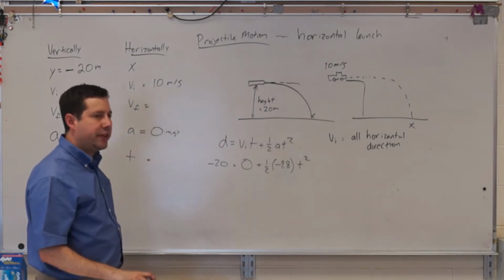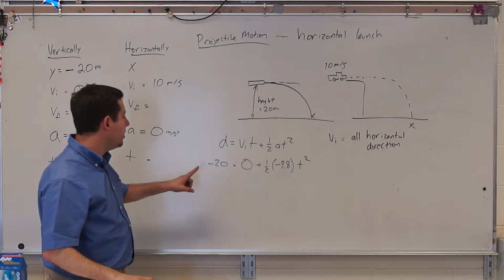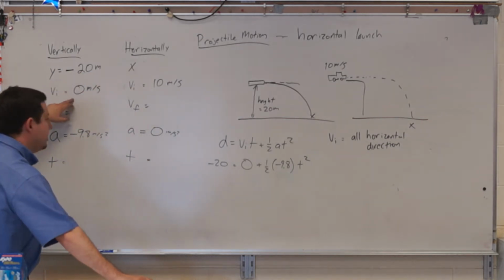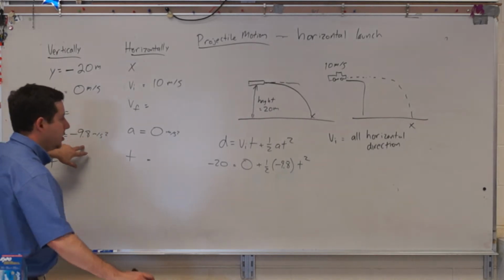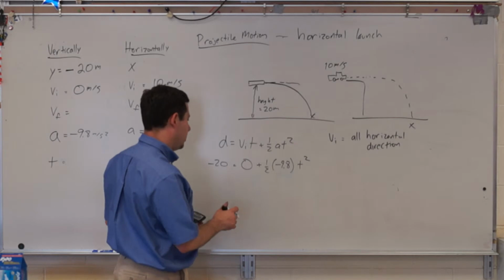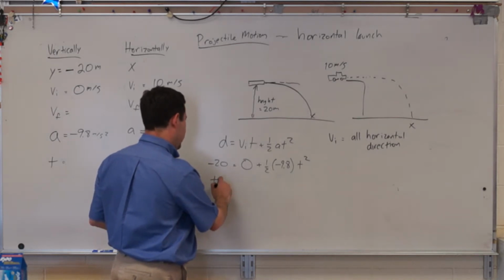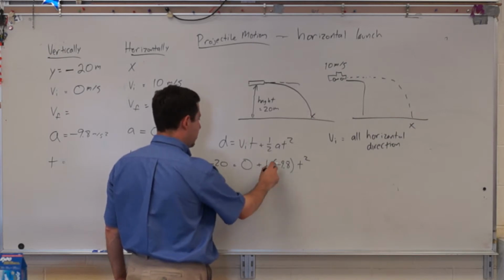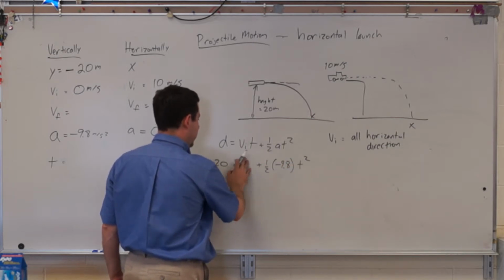In case you haven't figured out, I am working vertically, because vertically the distance is negative 20, the initial velocity is 0, and the acceleration is negative 9.8. That gives me a time of, let's see, negative 20 equals 1/2 a t squared.